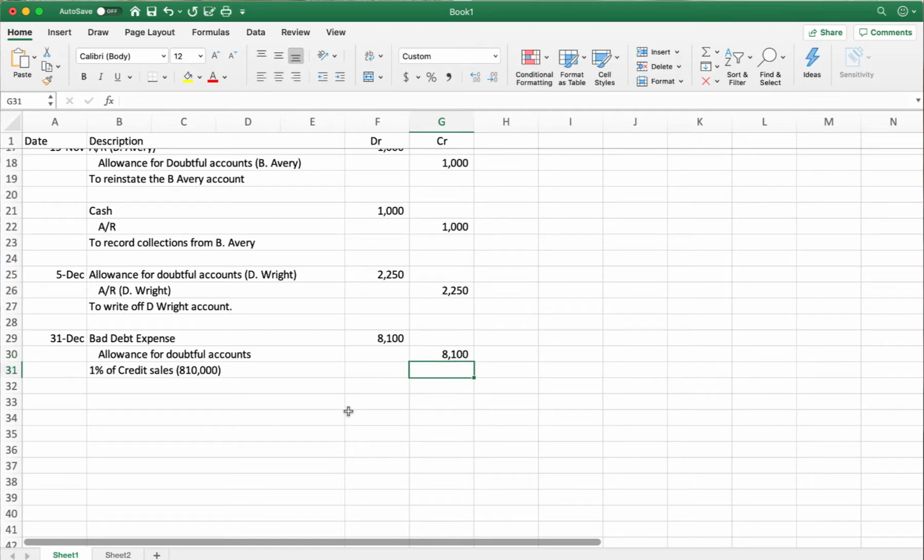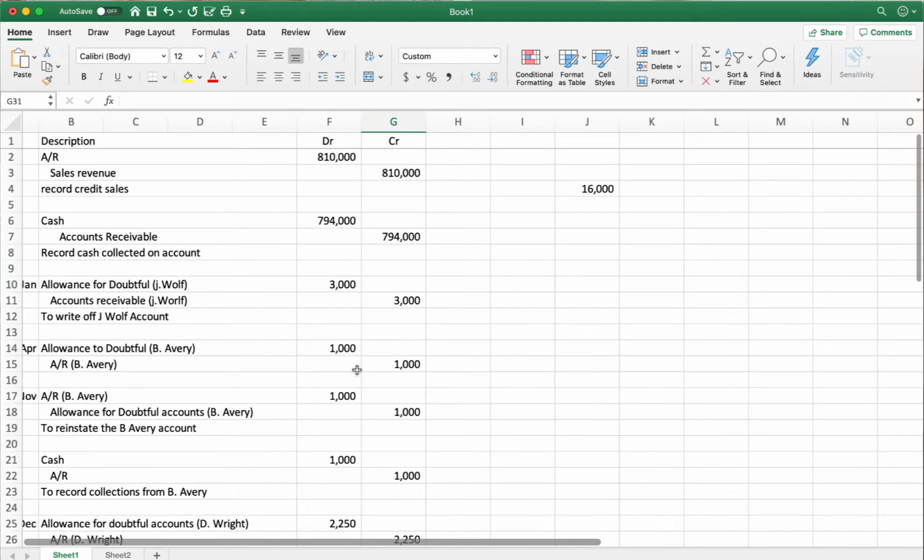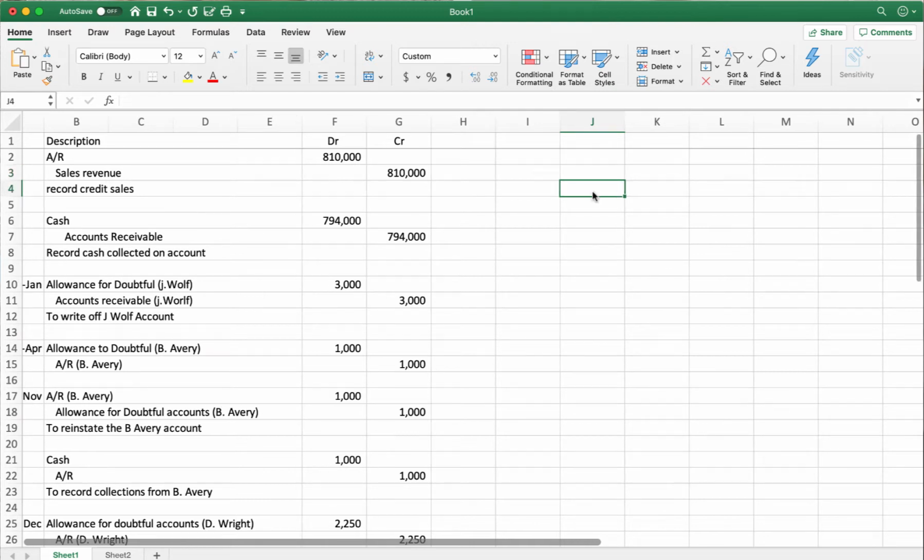Okay. Now, Part B wants us to show how accounts receivable and allowance for doubtful accounts will appear on the balance sheet on December 31st, okay? So in order to do this, I'm going to do a T account, right?